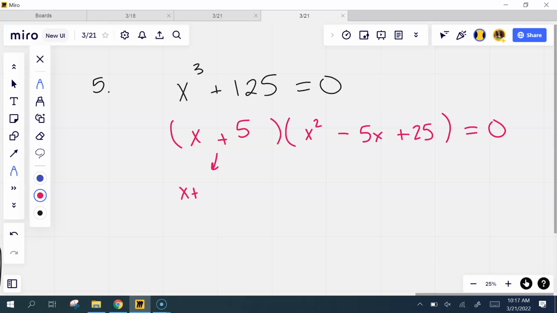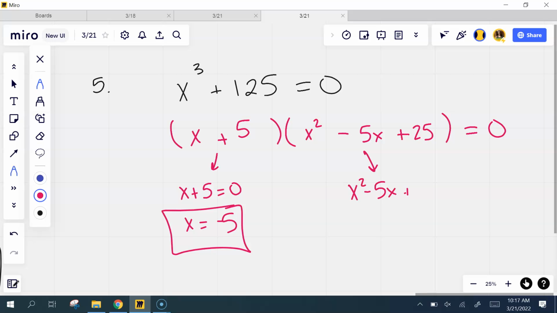So this is easy. No problem, right? What in the world am I going to do with this? Can you factor it? Does anything multiply to 25 but add to negative 5?